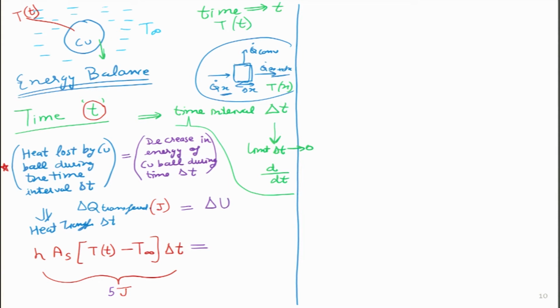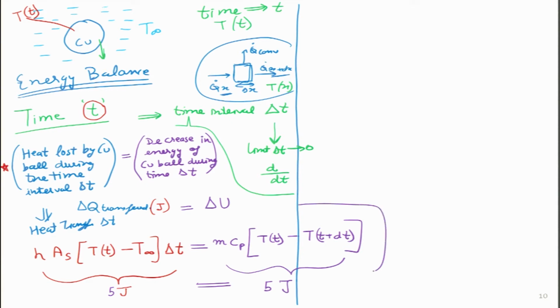That answer is just m Cp delta T. Over here I will write m Cp delta T, and because the final amount is less than the initial amount, I will write it in this form. This answer also has to be in joules. And if nature is playing everything right, then both these joules have to be equal to one another, which means if I put an imaginary number 5 joules, the left hand side and right hand side should both turn out to be 5 joules each.